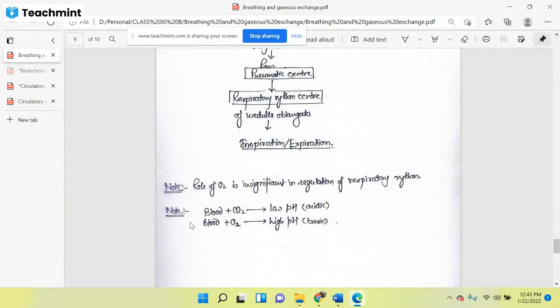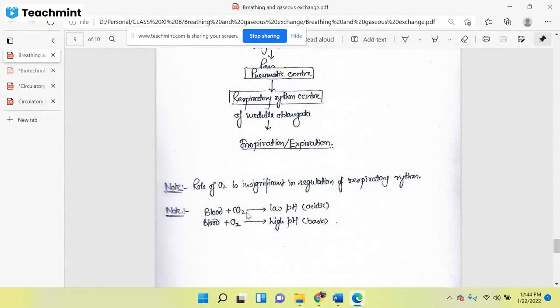Now it has been written that when blood traps carbon dioxide, then the pH becomes low. Means the pH of blood becomes less, or we can say the blood becomes acidic when it transports carbon dioxide, and when the blood transports oxygen, in any form, then the pH of this blood changes to basic.